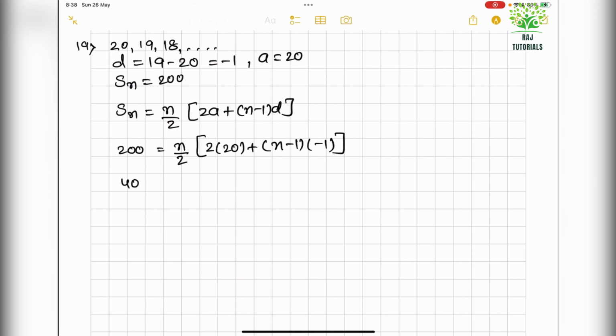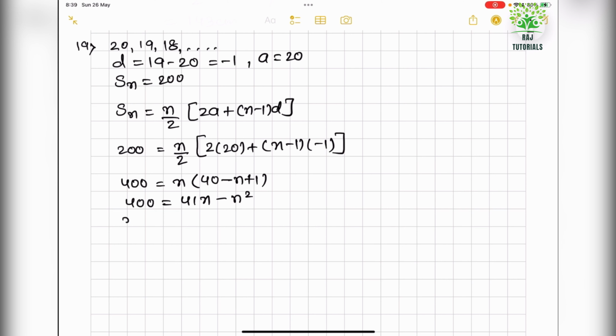Multiplying 2 on the left hand side, 400 equals n into (40 minus n plus 1). This becomes 400 equals 41n minus n square.